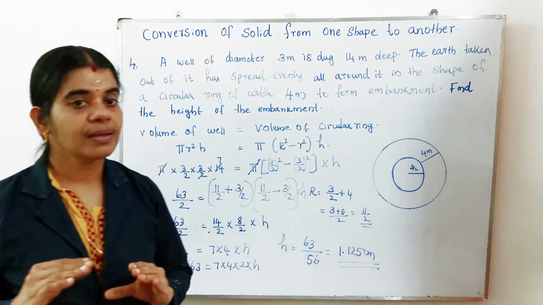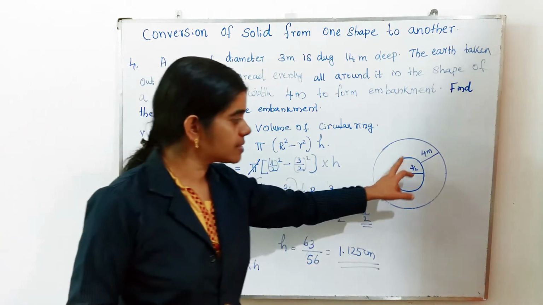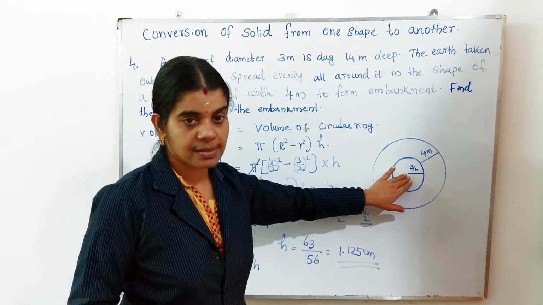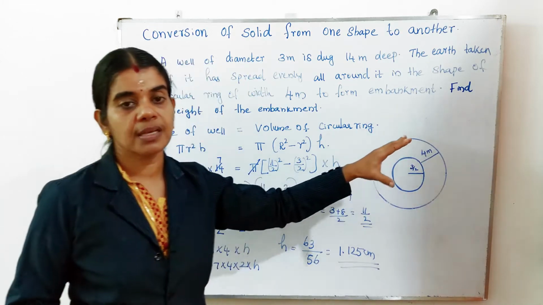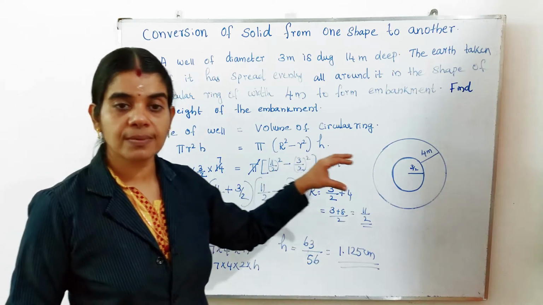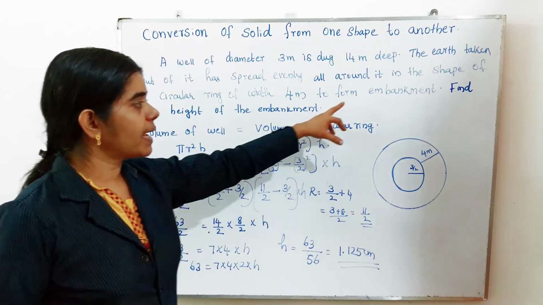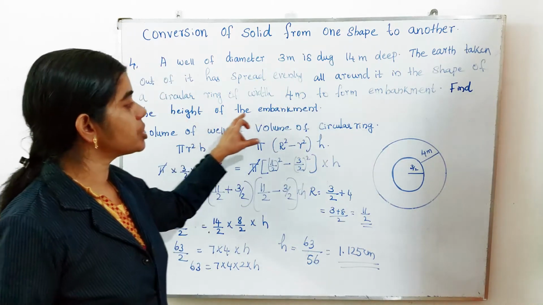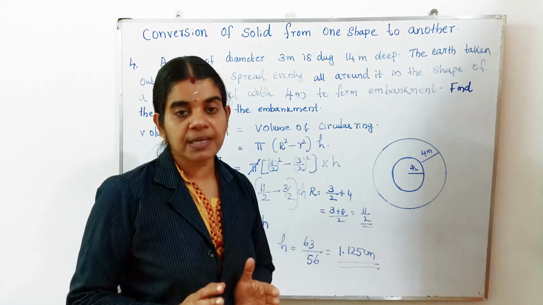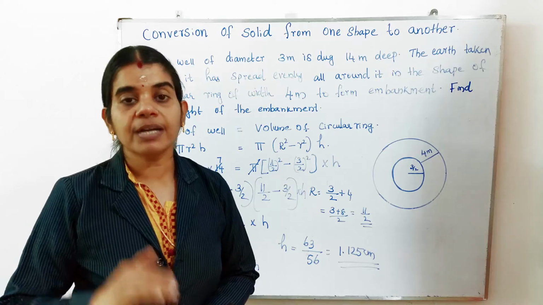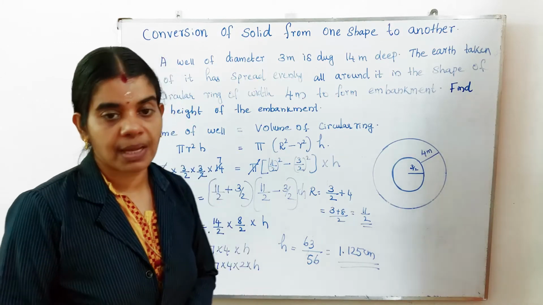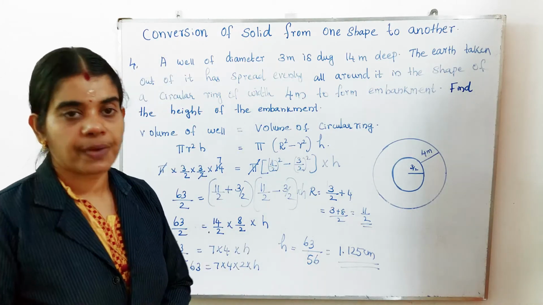Then we get a circular ring. Suppose this is the well, the first circle. Around that, the earth is spread in the form of a circular ring to form an embankment. Find the height of the embankment. You want to find what will be the height of that embankment.